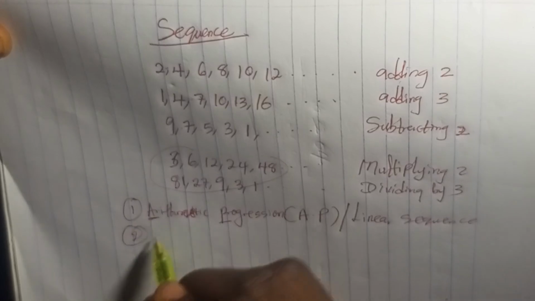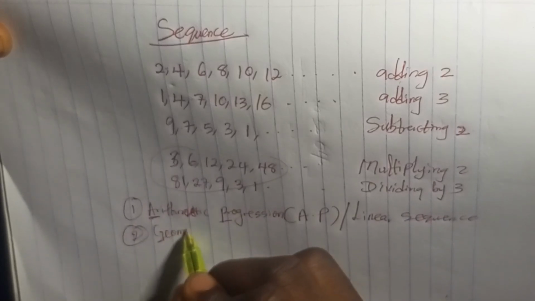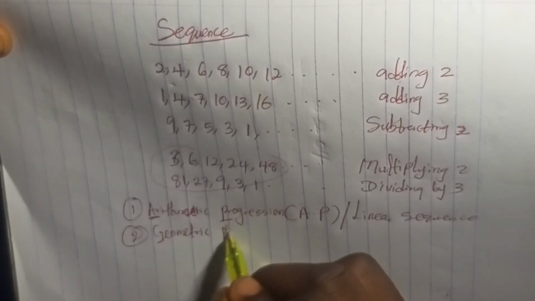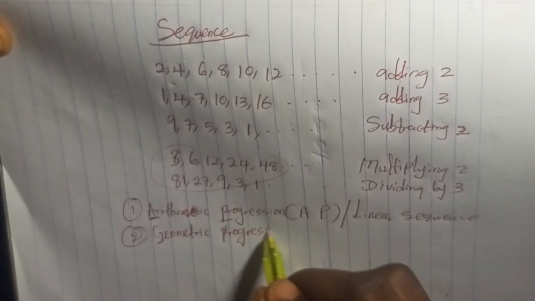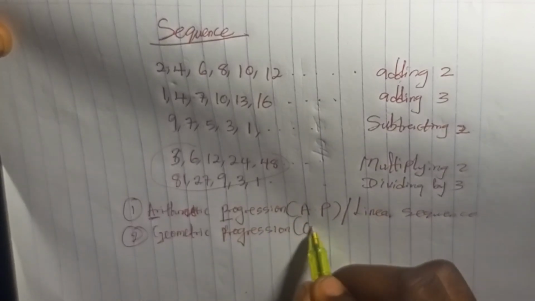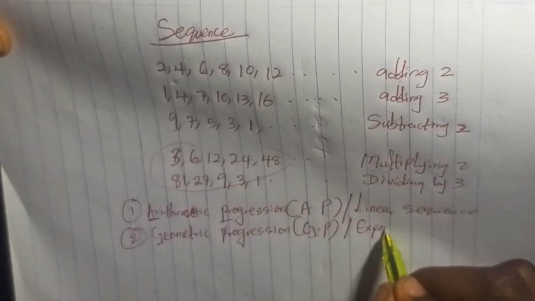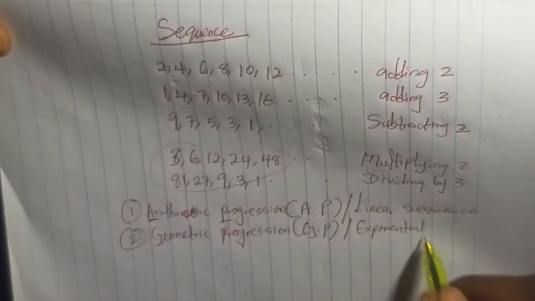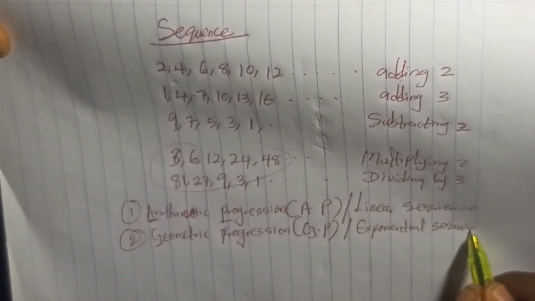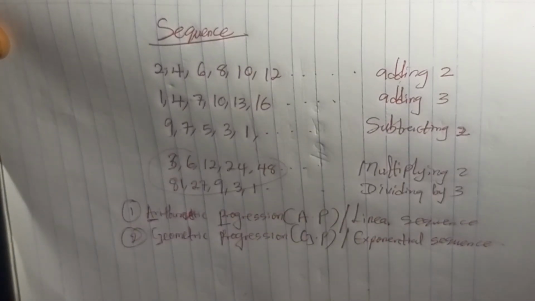Number two, the second main type, is the geometric progression, also known as GP, or we can call it the exponential sequence. Now, what is this arithmetic progression and what is this geometric progression?